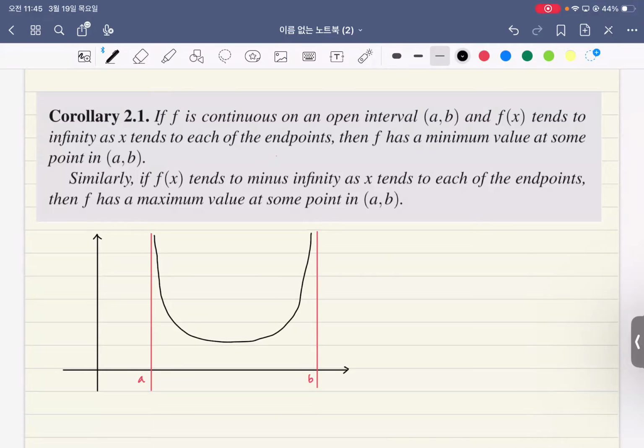This is the graph of the function that we are talking about. As I approach this endpoint, it goes to positive infinity, and for the other endpoint, the function also goes to positive infinity. Then, under this assumption, f must attain a minimum value somewhere between a and b. Which looks quite obvious from the picture. But how do I provide the proof of this?